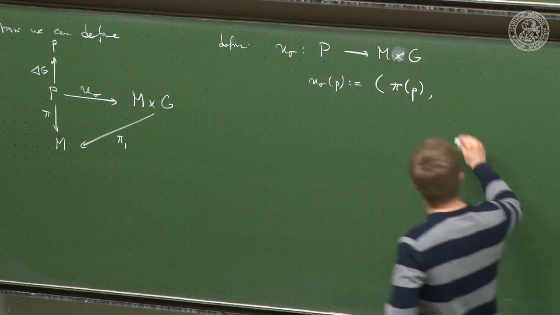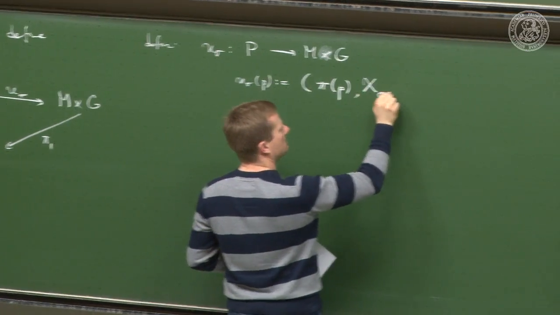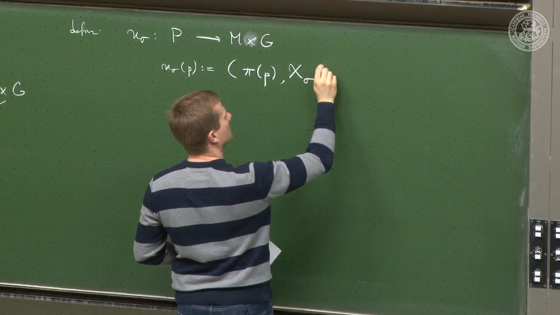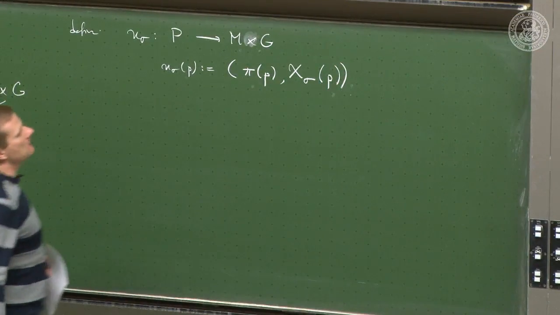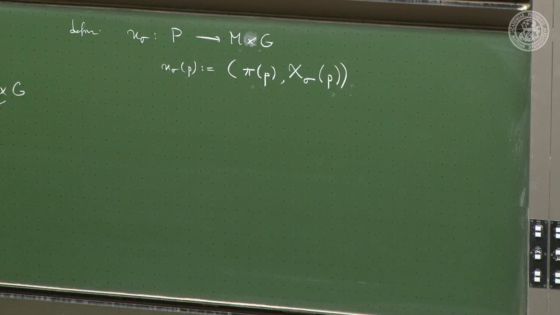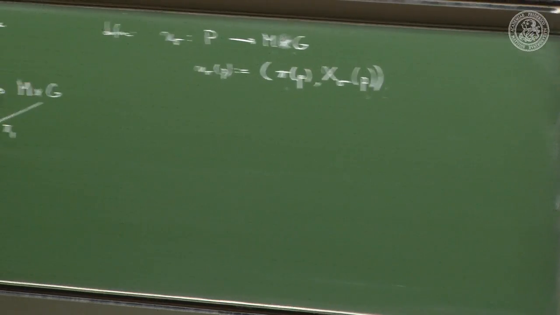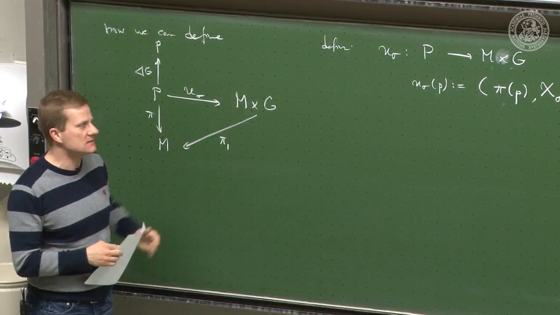Well, we'll simply invoke the just constructed map with that property we'll need in a second here, and this will certainly be an element of M Cartesian product G.